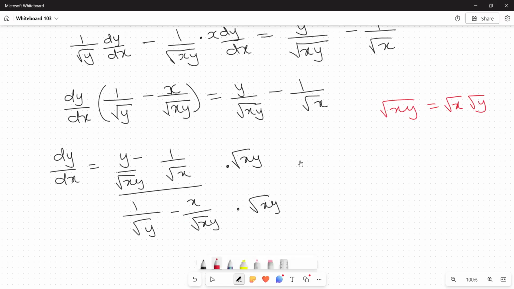When I multiply y over the square root of xy by the square root of xy, this just leaves me with y, and minus 1 over the square root of x leaves me with minus the square root of y. In the denominator, I will have the square root of x minus x. So this is my dy/dx.